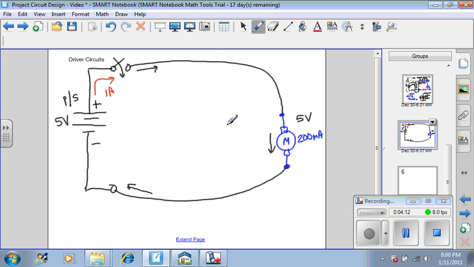So we can switch the motor on and off. However, we said this has a limit in terms of its operation. Therefore, we decided not to connect the power supply directly to the motor.